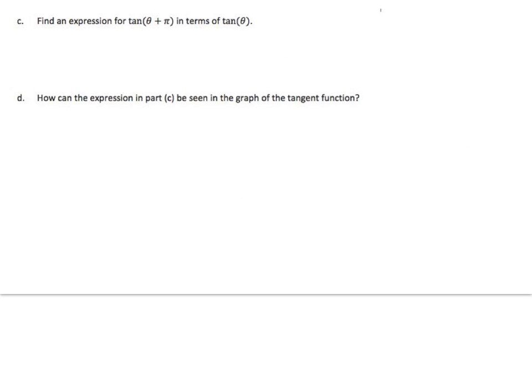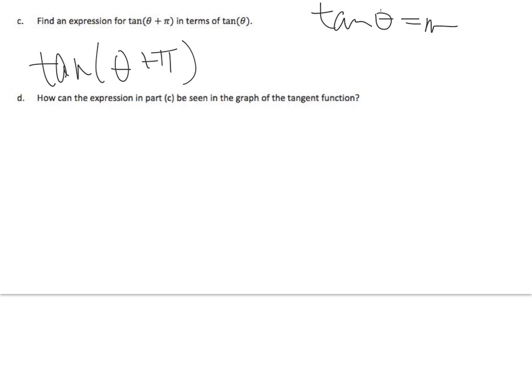Now find an expression for tan of theta plus pi in terms of tan theta. Well, we just said tan theta equals m, so I can just interchange those two.